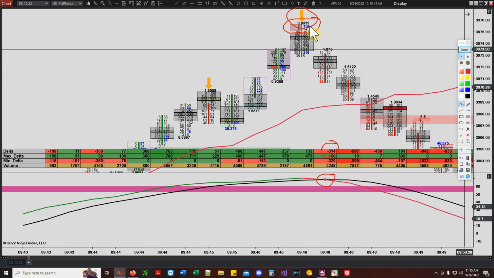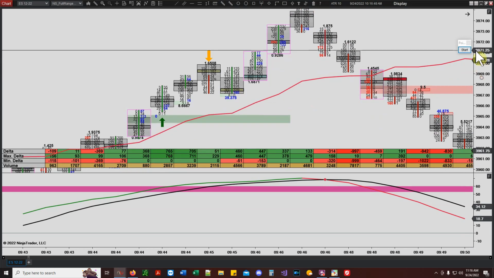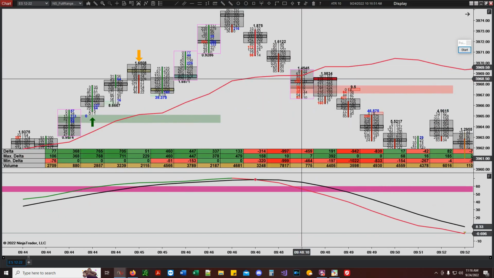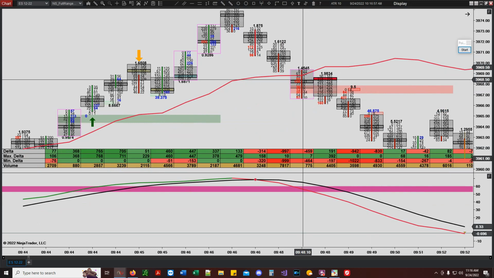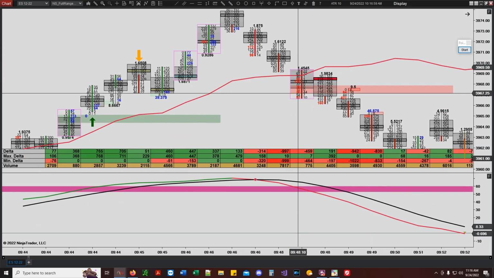Okay, you do have 113 buyers up here. Then it eased out down to 32, 49, 22. And look, by the time it got down here at 22 buyers, the sellers are definitely coming in.